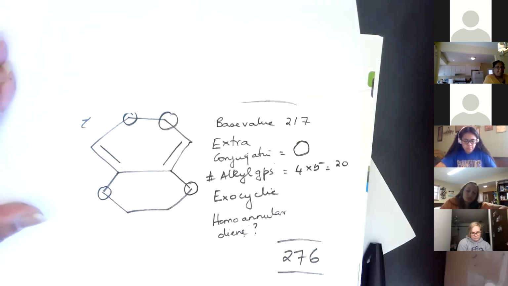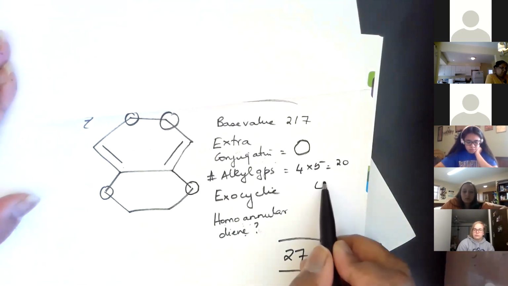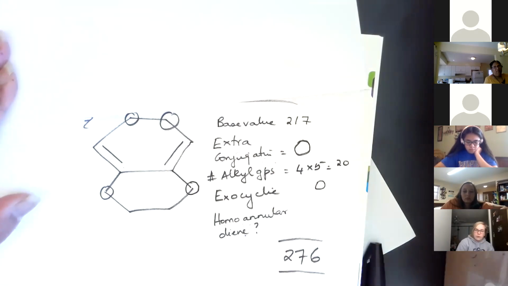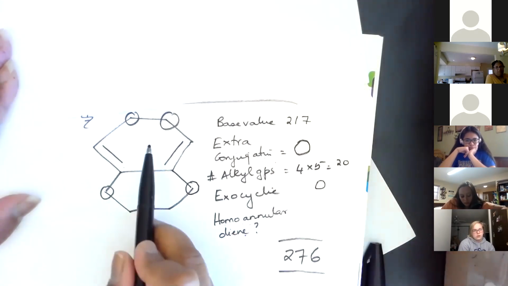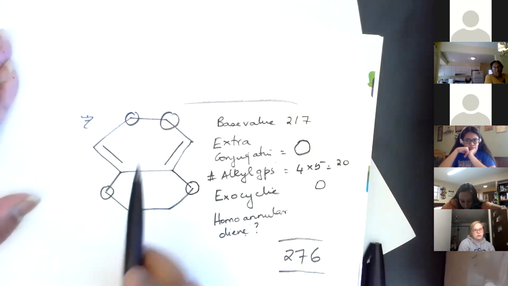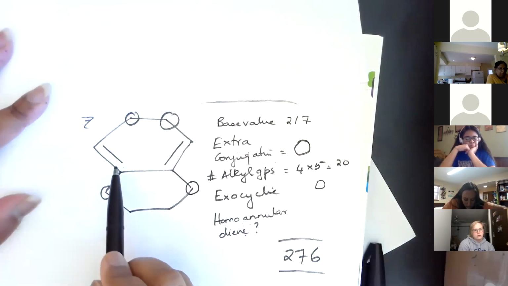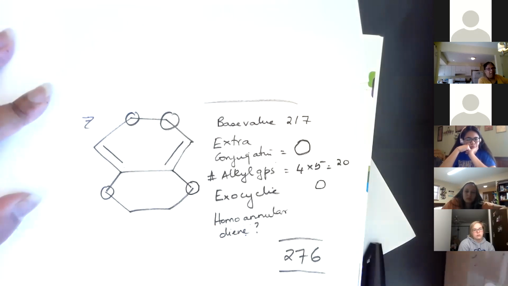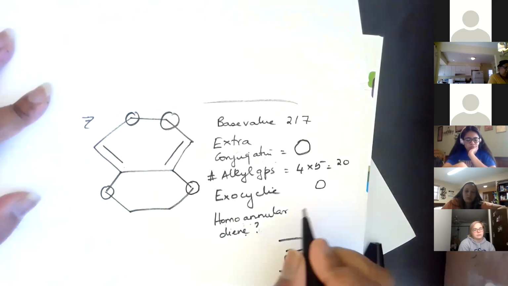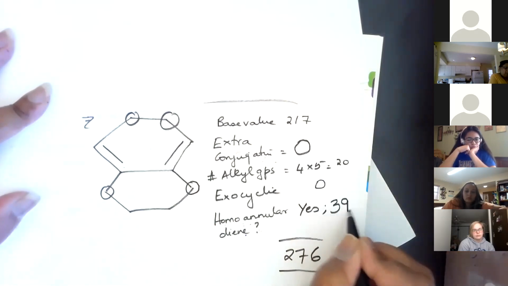Exocyclic, any? None. Okay. Homoannular. So this is an example where we are seeing both the double bonds in the ring. The ones we've seen in the past, that's why the ones that Deanna had as well, they did not talk about it because there was only one pi bond in each ring. There were many rings, but there was only one pi bond in each ring. So homoannular, yes, and that is 39.